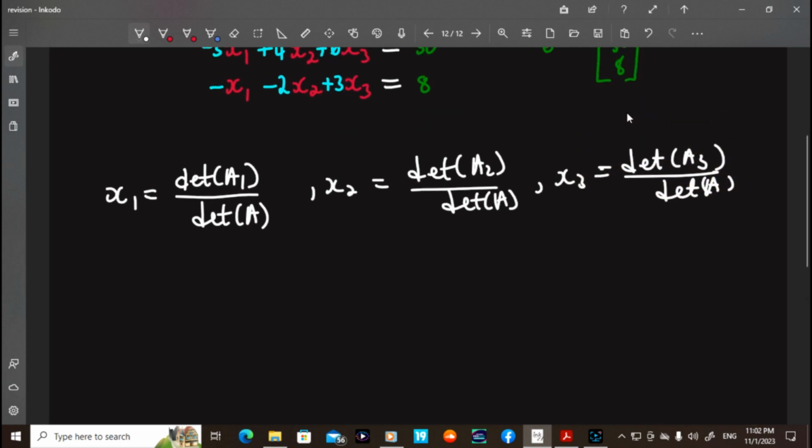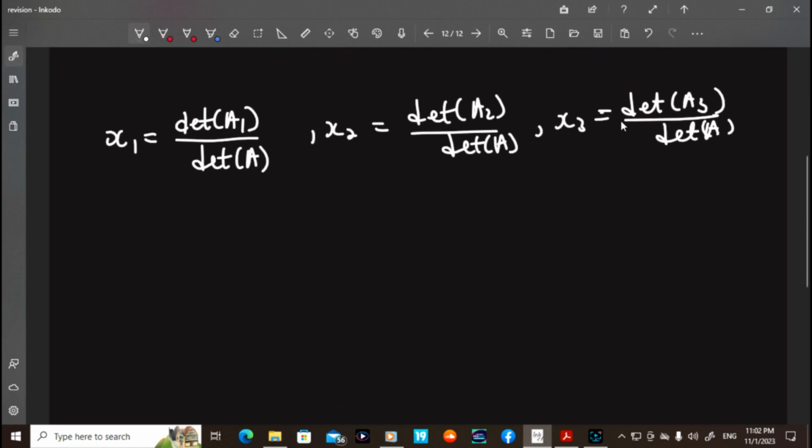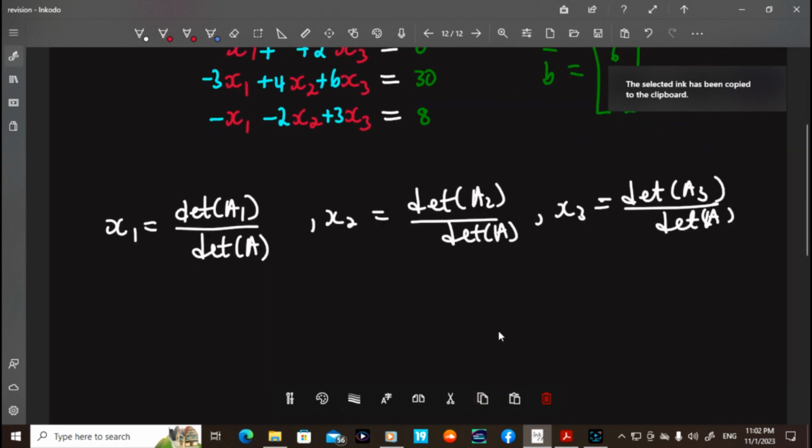So now you can see I'm saying A1, A2, A3, but here we only have A. This is how we are going to get A1, A2 and A3. Okay guys, let me copy this matrix here so that we can use it at the bottom.